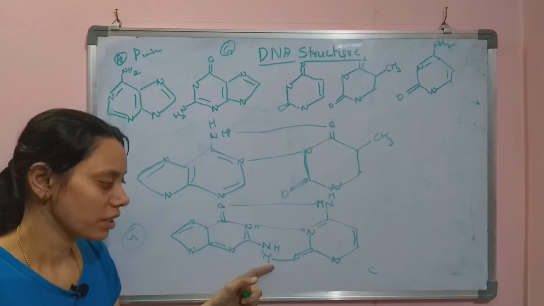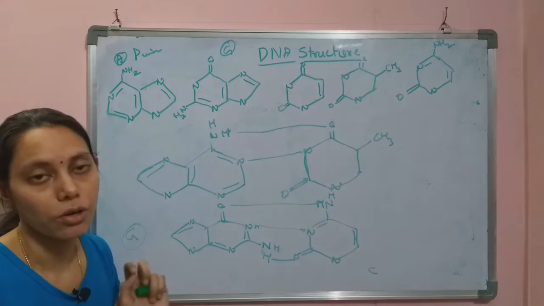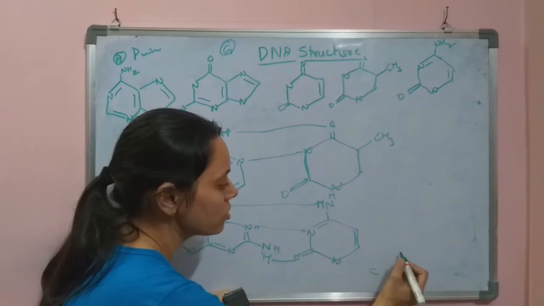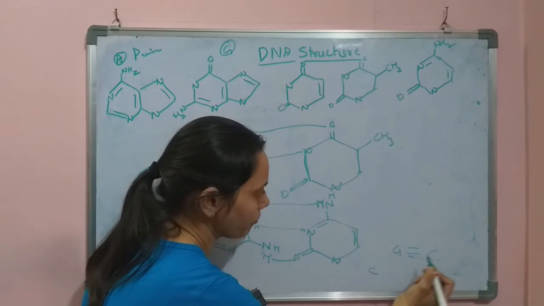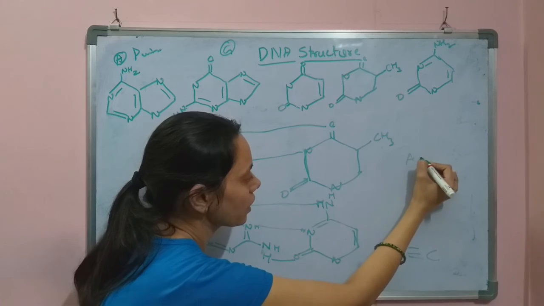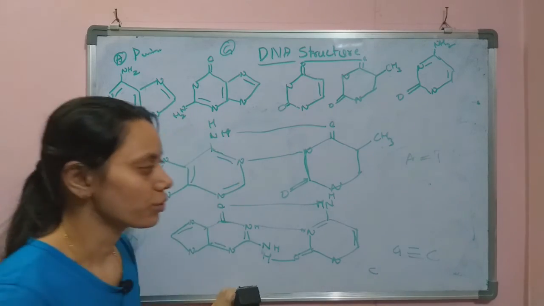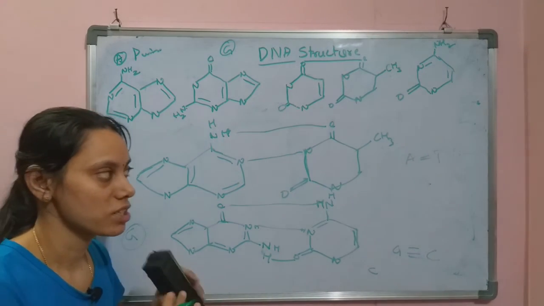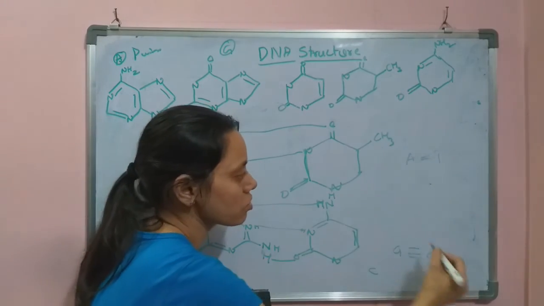Likewise 3 reactive groups and 3 hydrogen bonds will be formed between G and C, and it is two for A and T. So these are the hydrogen bonds which stitch two opposite strands together.